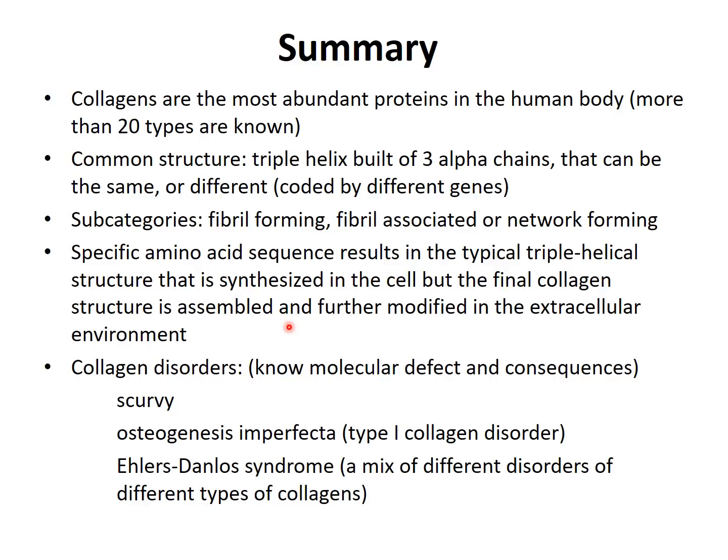Intracellular events are the appropriate gene activation, transcription, translation of the proper alpha chain, post-translational modifications, assembly to the triple helix in the form of procollagen, then taking it out into the extracellular matrix where the propeptides are removed, and then the assembly of the collagen network or fiber will happen extracellularly, and covalent cross-linking makes the structure of the fibril-forming collagen stable.